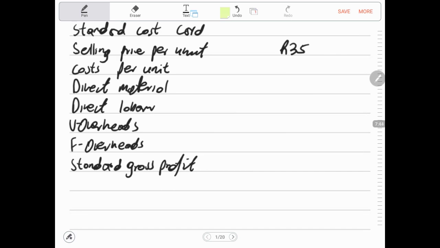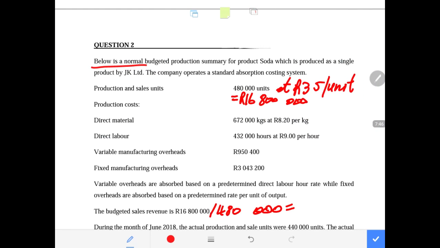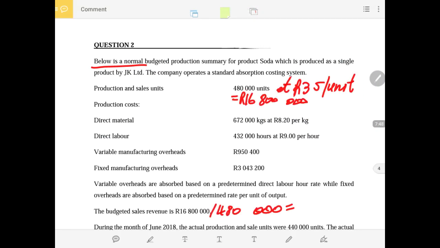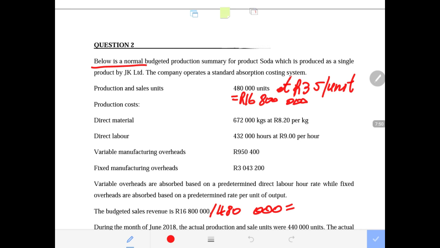Now let us look at all the cost elements that we need to record in our standard cost card. Standard cost card, that's where we calculate our information per unit: the labor hours per unit, the material required per unit, the cost of material per kg, and all that is per unit.